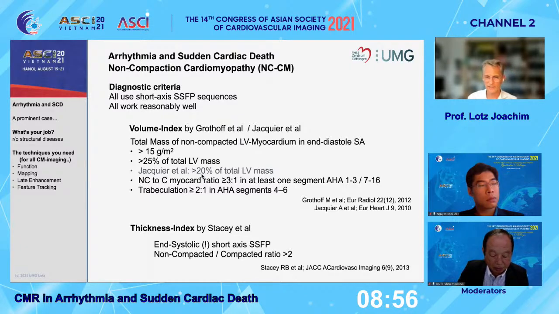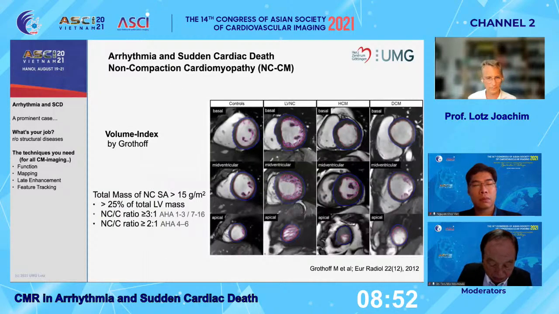So if you apply these to our two cases, you'll see different results, and this is how Grothoff actually published it. The interesting part is that most people know that these two are the major criteria: the total mass of non-compacted myocardium should be more than 15 grams per square meter, or more than 25% of total LV mass.